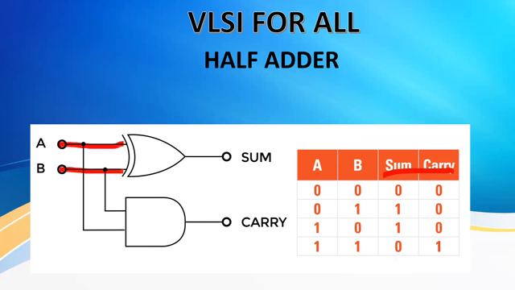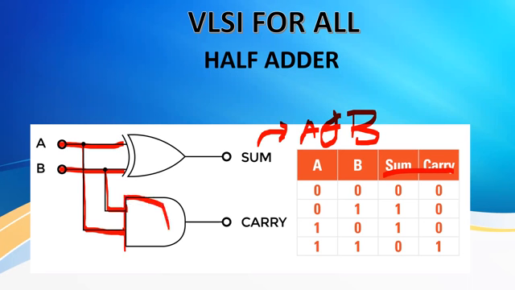We are using an XOR gate, since sum is A XOR B. And we are again taking the input A, and here we are taking B, and we are ANDing it to get the carry, that is AB.